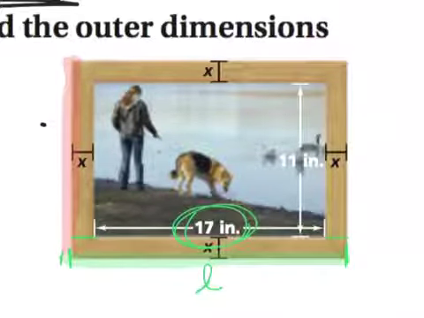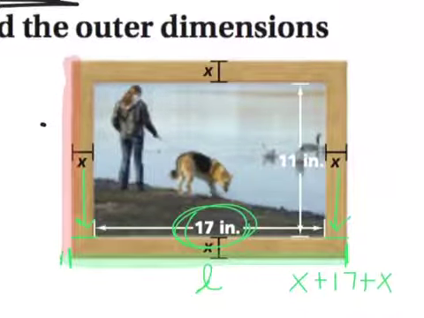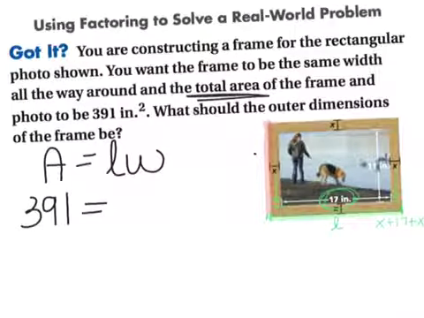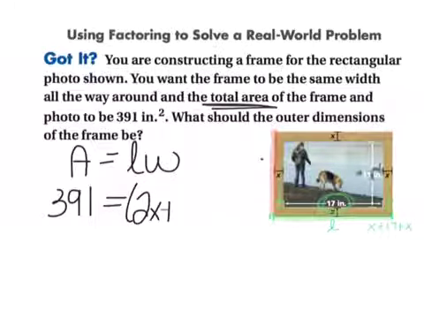And what they tell me is that that little extra spot has a value of x. So what I really have is an x plus a 17 plus an x for my length, which if I simplify, I get a length of 2x plus 17.